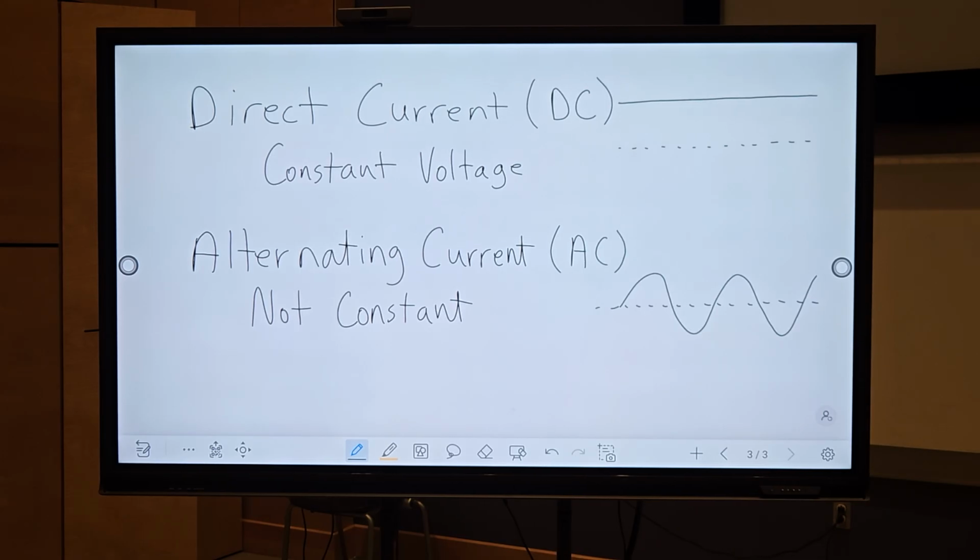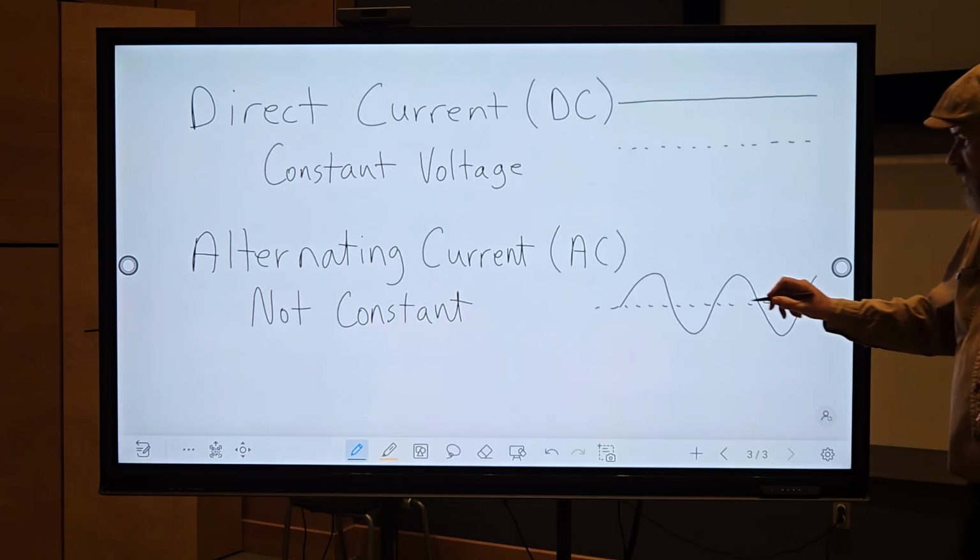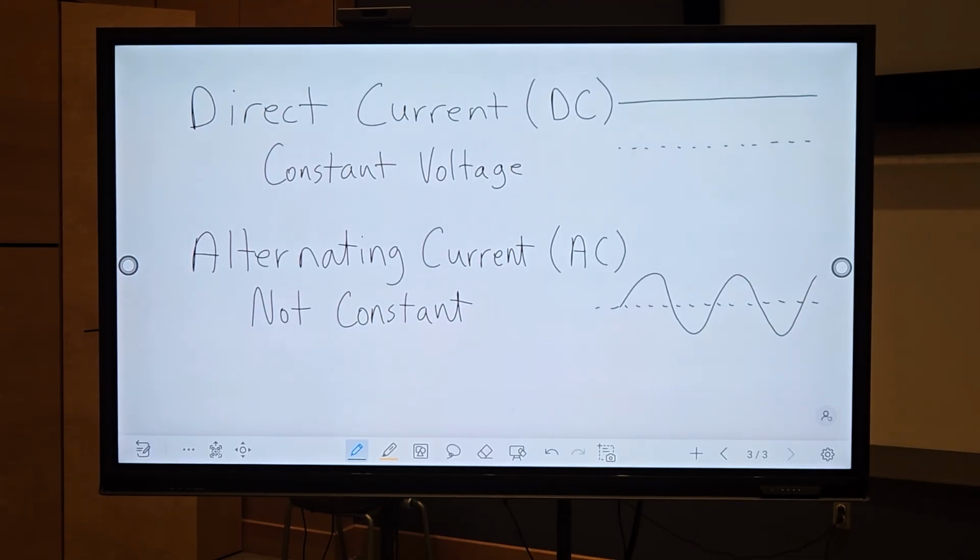Direct current doesn't do well over long distances. But alternating current, as you can imagine, measuring the voltage depends on where you measure from or when you measure it.